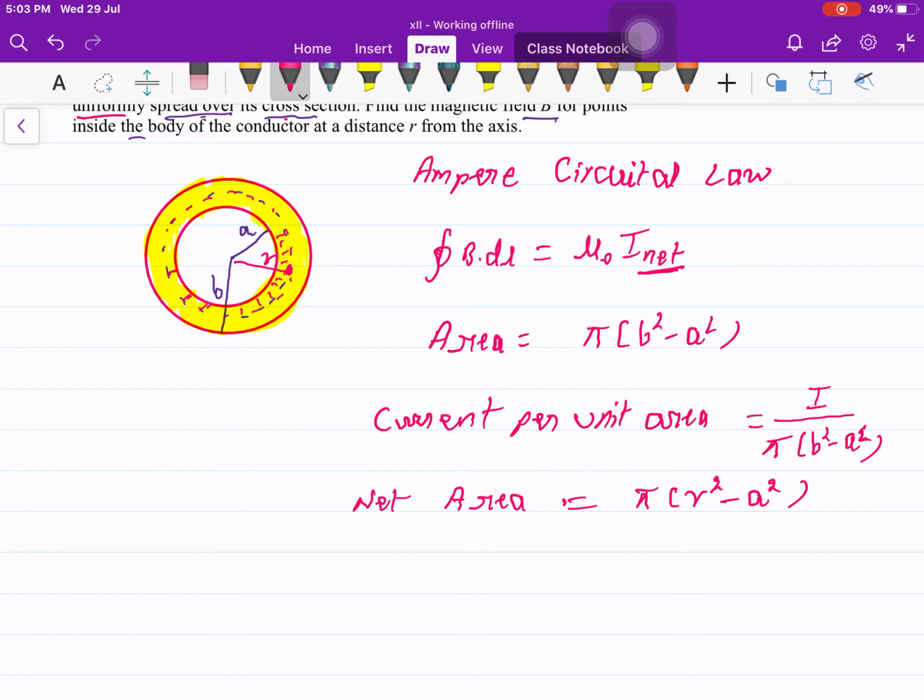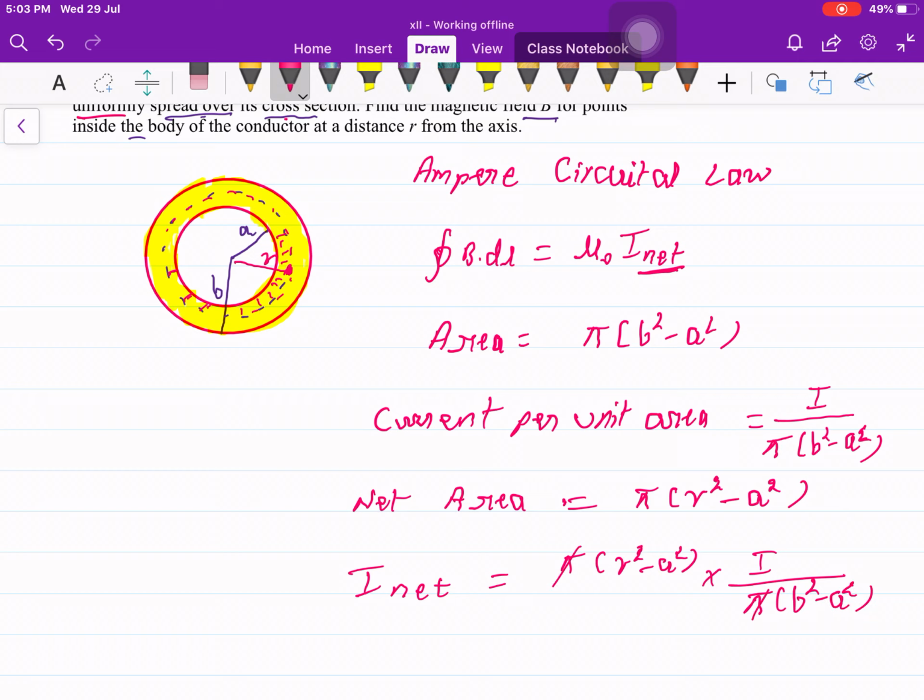Now I net is equal to the area in which we want to find out current, times current per unit area, that is I upon pi (b square minus a square).